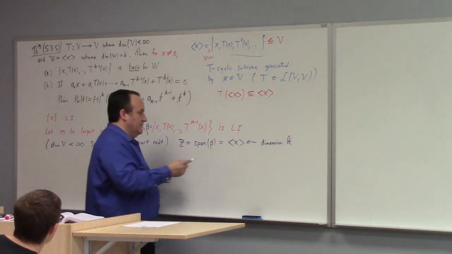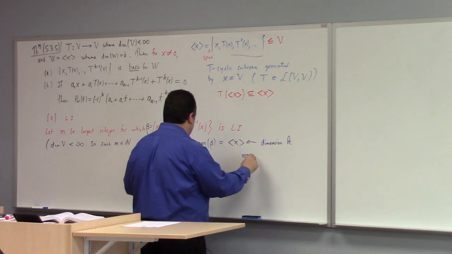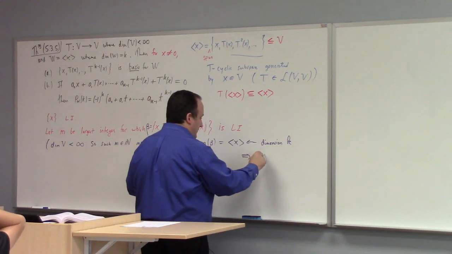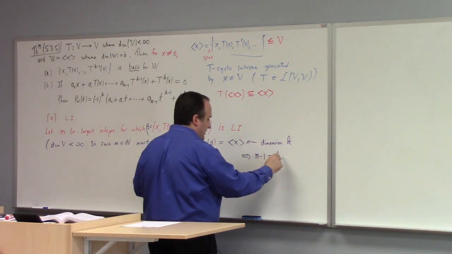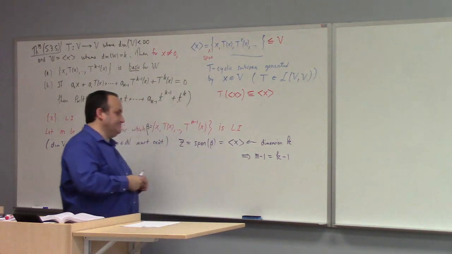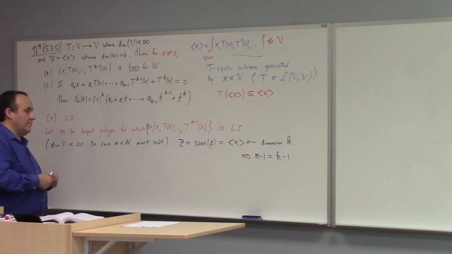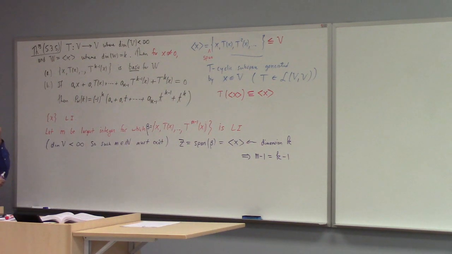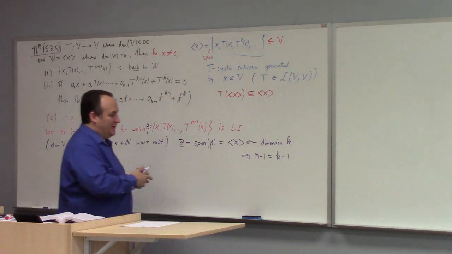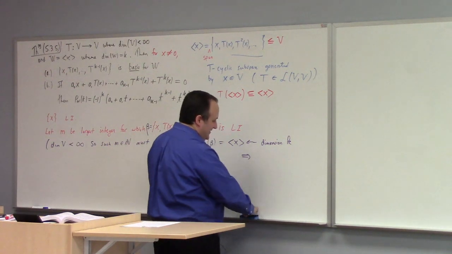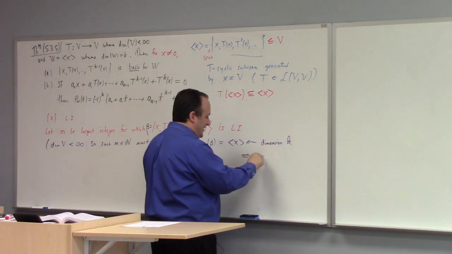So that implies basically that M minus 1 has to be equal to K minus 1, right? My bad. Let me be less weird. Let's just say M equals K, right? I mean, that's the point.